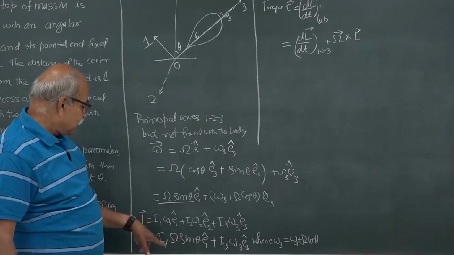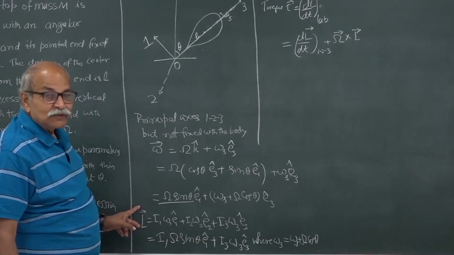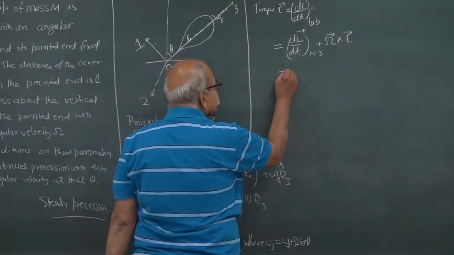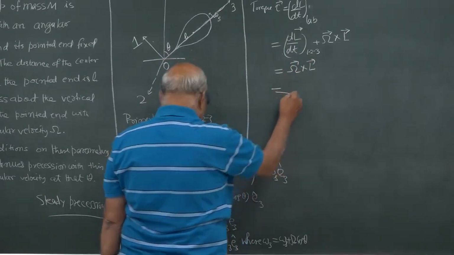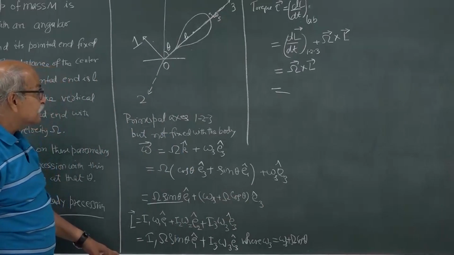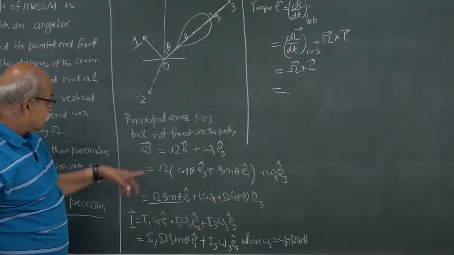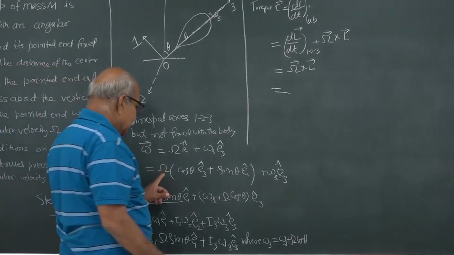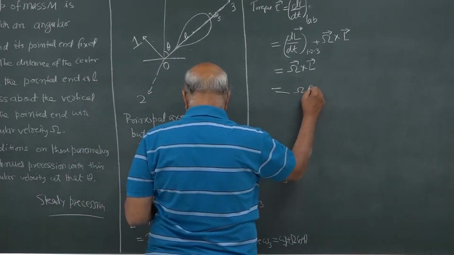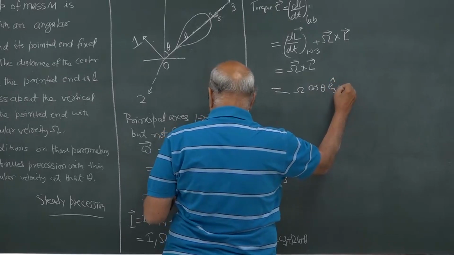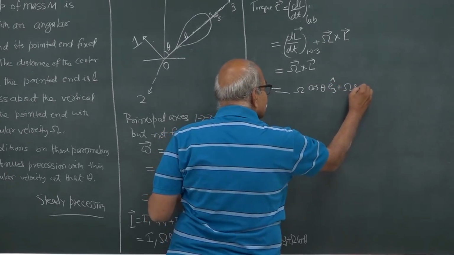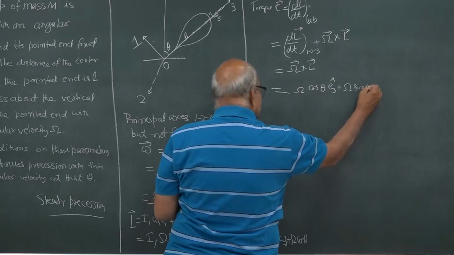So in this 1 2 3 frame, dL/dt is 0, and so it is just capital Omega cross L, and that means the omega vector is here, this is the omega vector: Omega cos theta E3 cap plus Omega sin theta E1 cap.